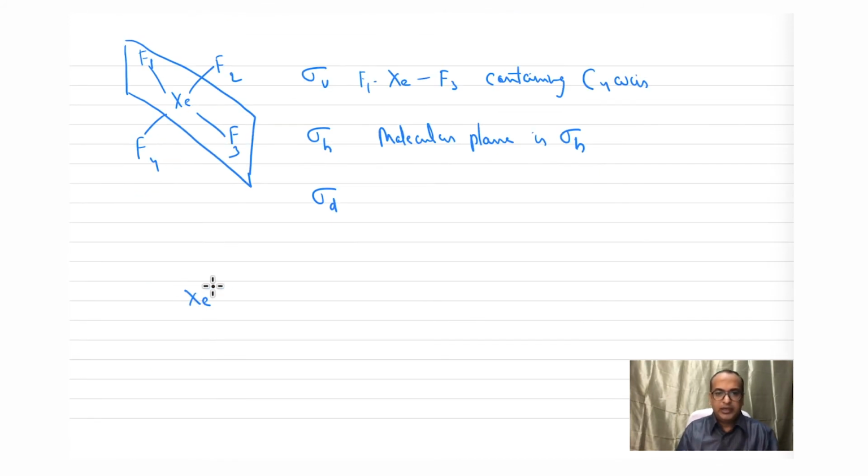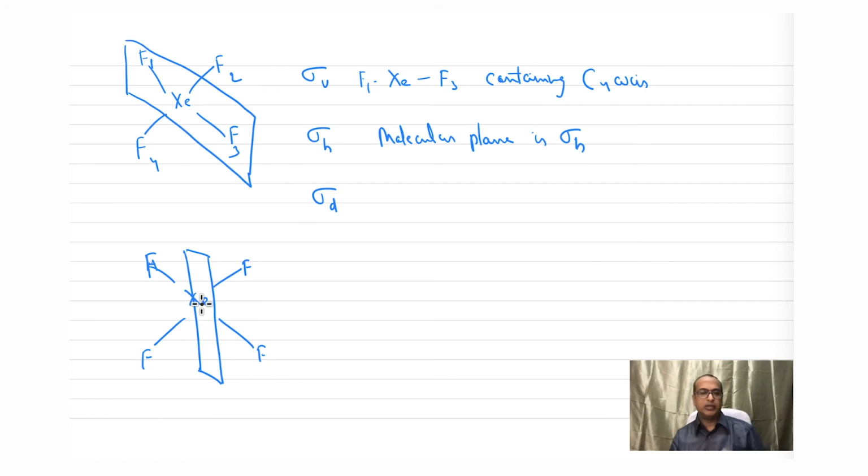So Xe, again let me draw this molecule quickly. F. Now this particular plane, again, contains this C4 axis, so it is perpendicular to the plane of the board and is bisecting the angle.